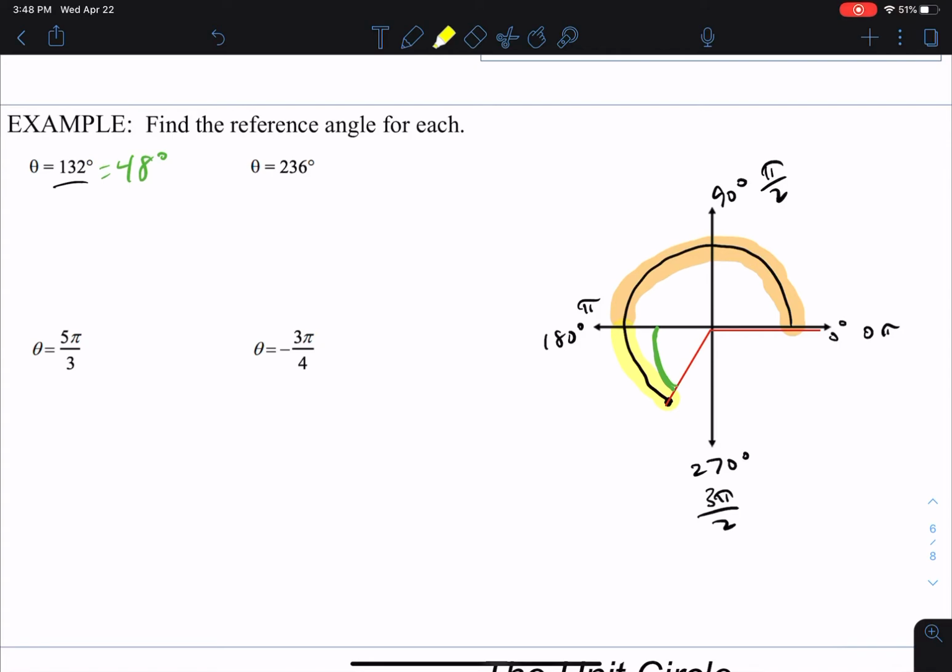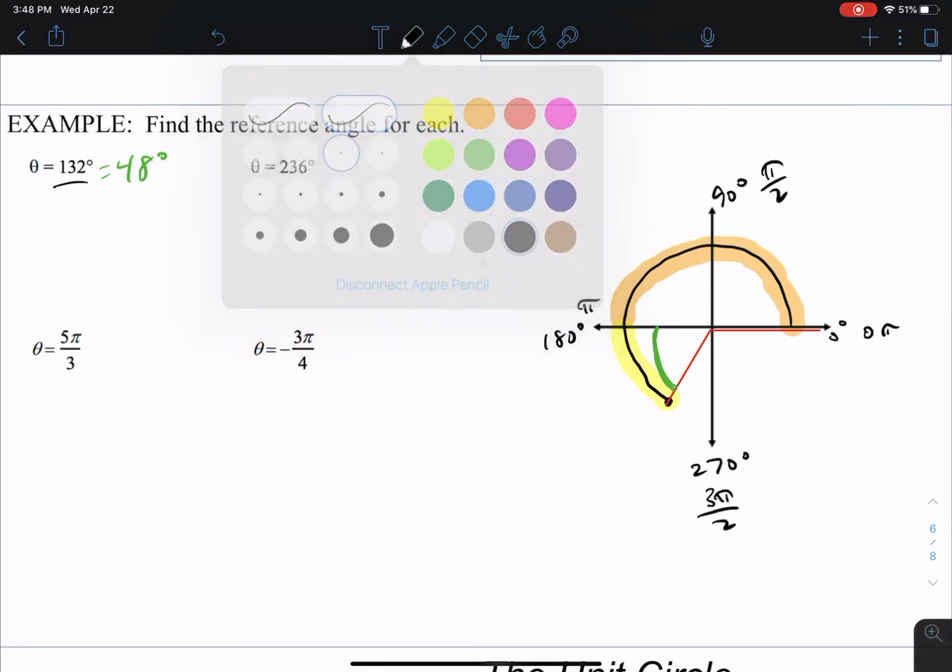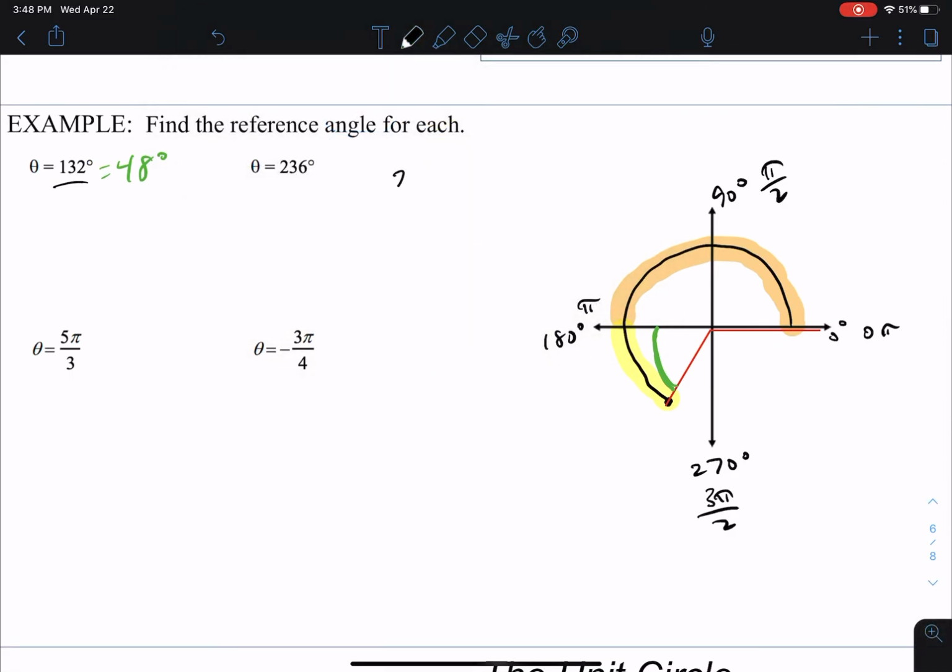The green and the yellow just cancel each other out, so I just have to figure out what that yellow is. If the orange is 180, how much more did I go? That's just going to be 236 minus 180, which is 56 degrees.